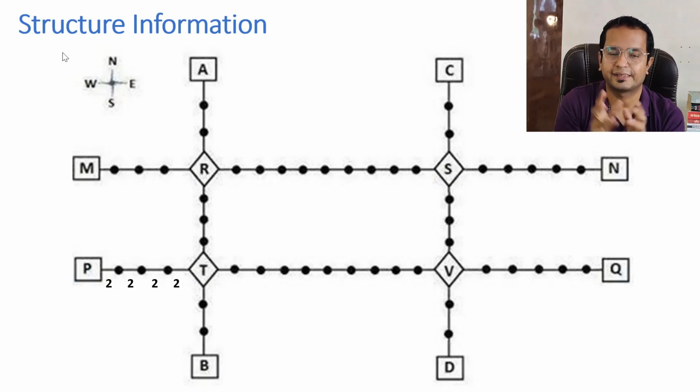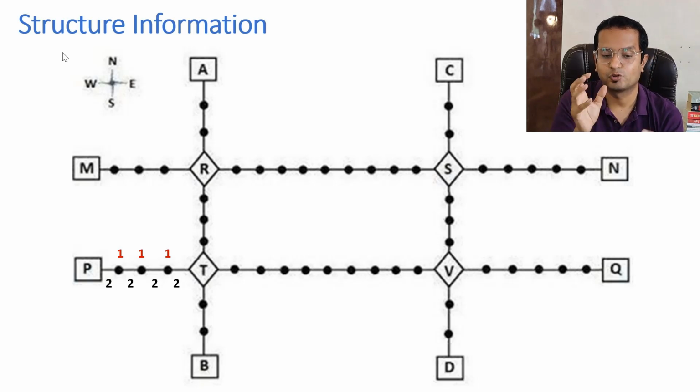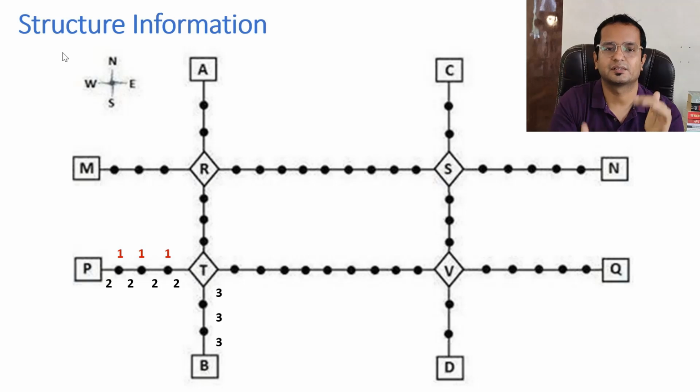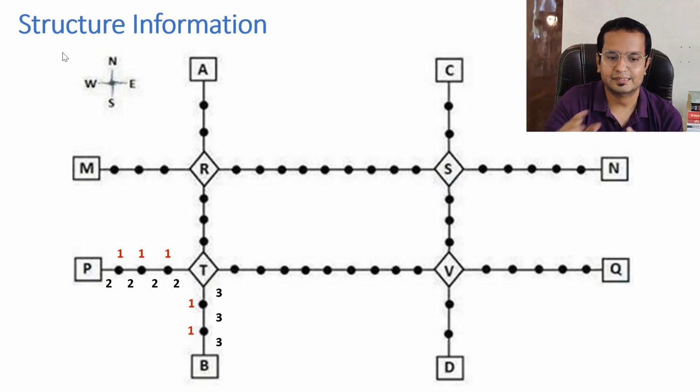Now I have noted the waiting time at each regular station. Now I have noted down the time it takes to travel from one station to the other in the north-south line. Now I have noted the waiting time there. Next, I have simply noted down the time taken at a junction station.